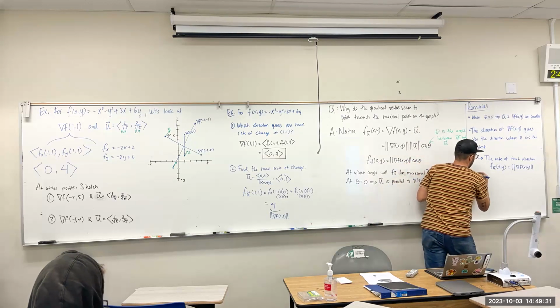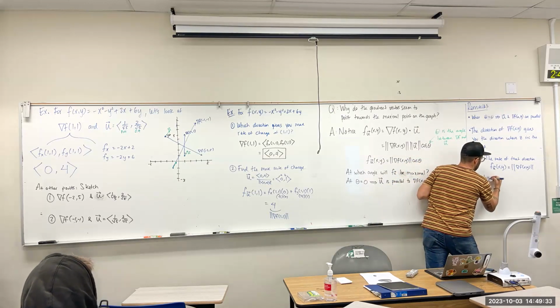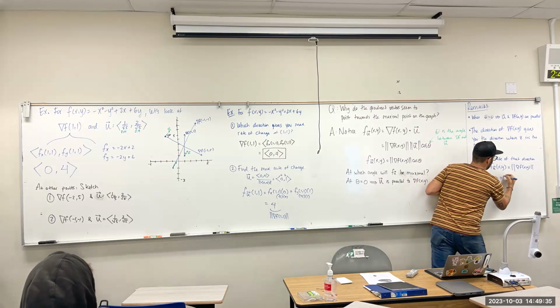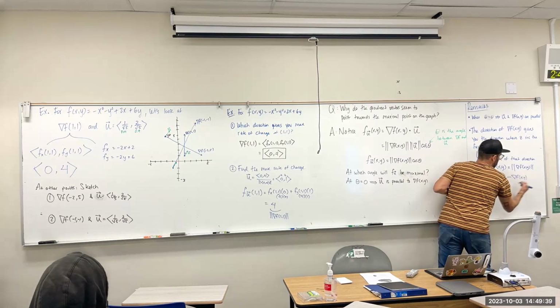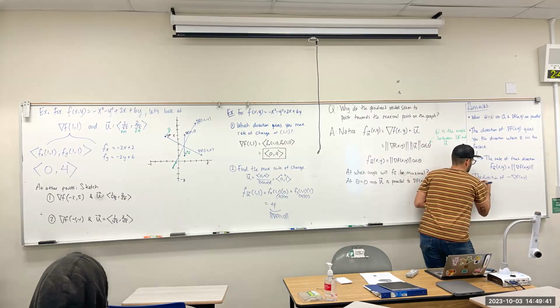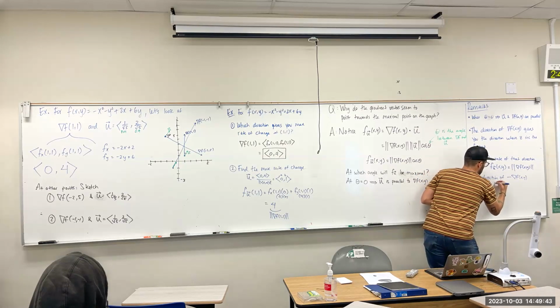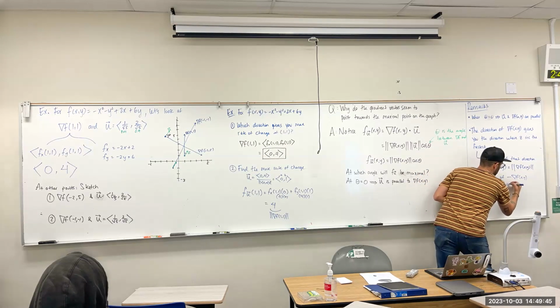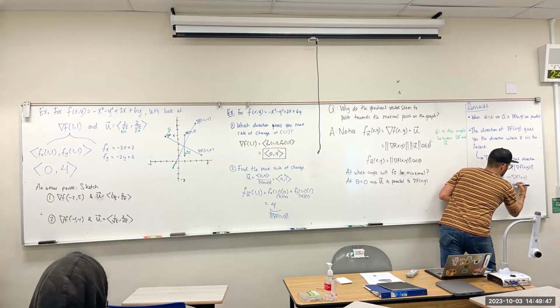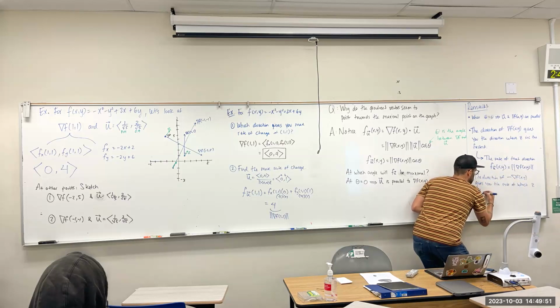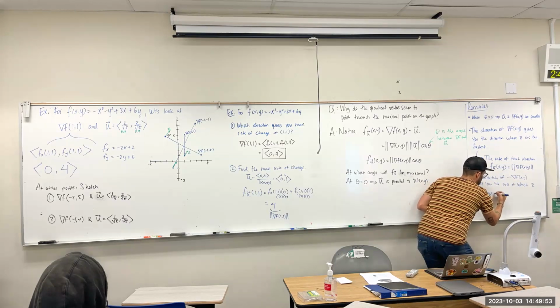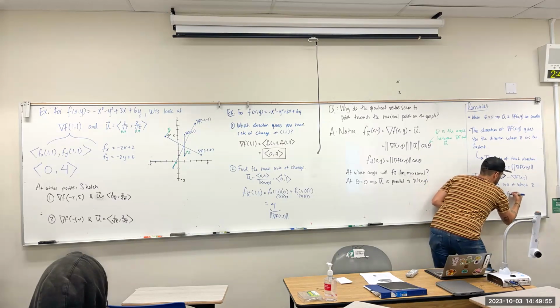So it says the direction of the negative of the gradient vector gives you the rate at which z decreases the fastest.